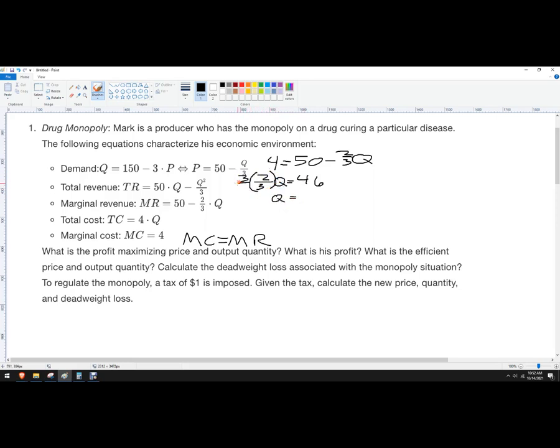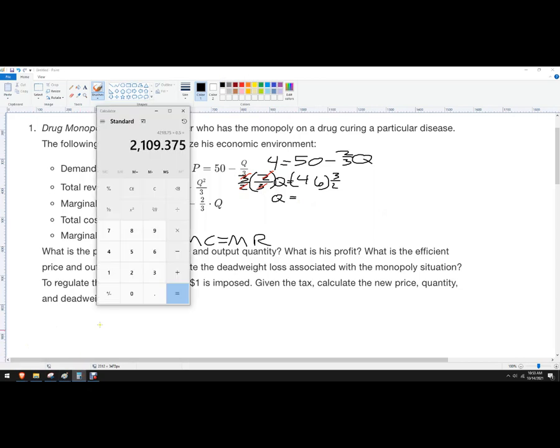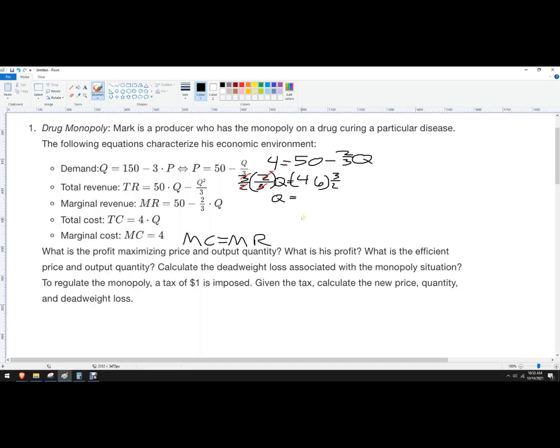Then Q equals, I want to get rid of that, so I can just go 3 over 2 and multiply by 3 over 2. So over here on this side, those are going to cancel. Now I'm going to get out the calculator because I'm not that good. 46 times 3 is 138, and then divided by 2 is 69, which is the profit maximizing quantity.